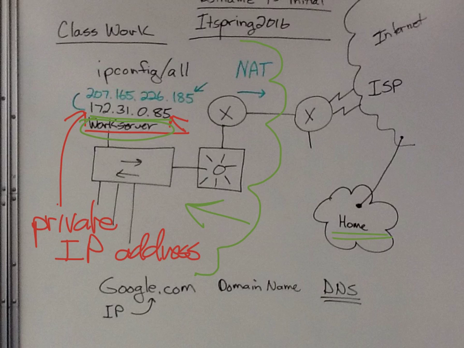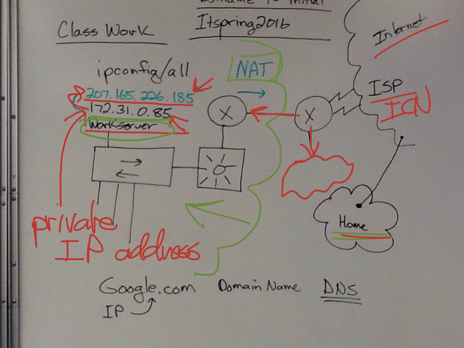Now if you're at home and you want to get to the work server, what we do is network address translation. We take this address and match it with this one. This is a public address. That address is unique in the internet. We got it from our ISP, the Iowa Communications Network, assigned that to NIACC, and then NIACC assigned it to this area. So it's different than other ones at NIACC going this way. This is the rest of campus.